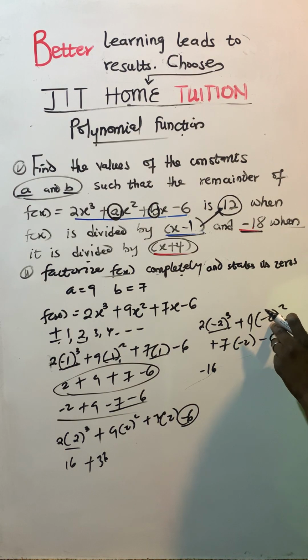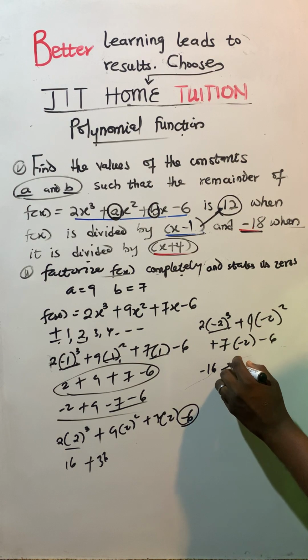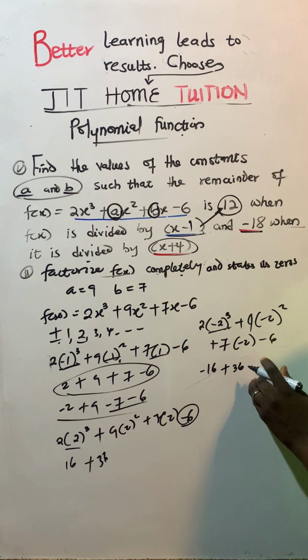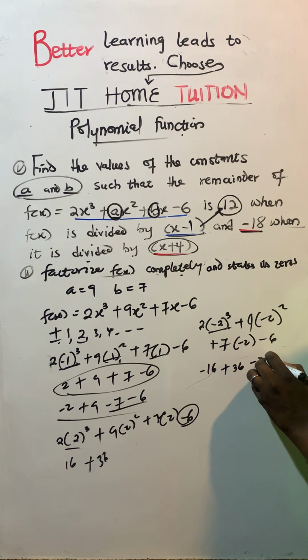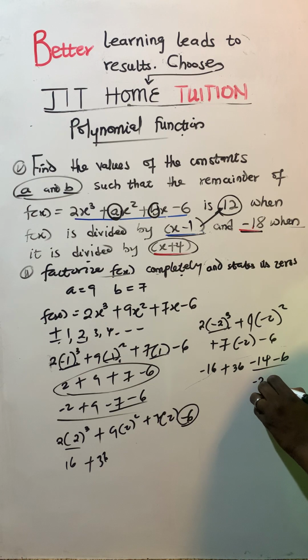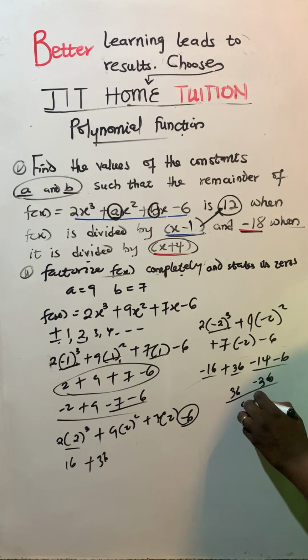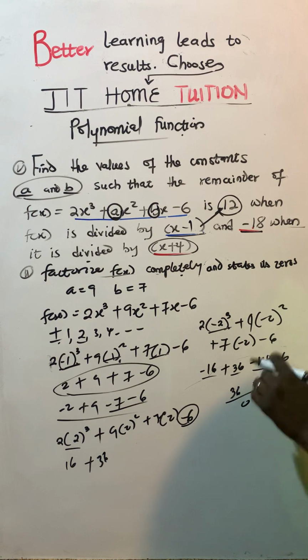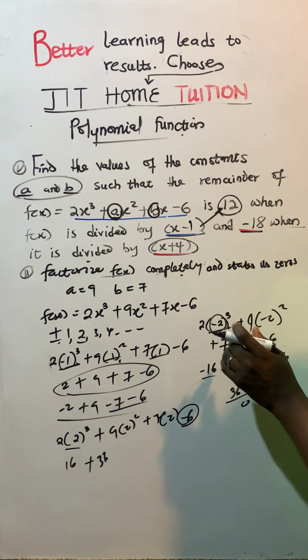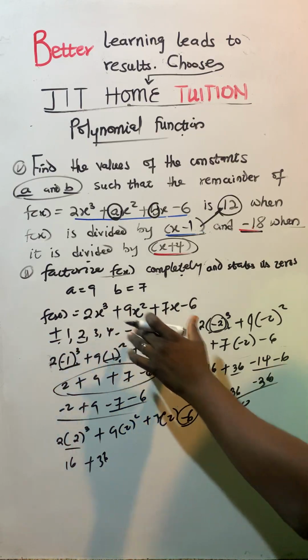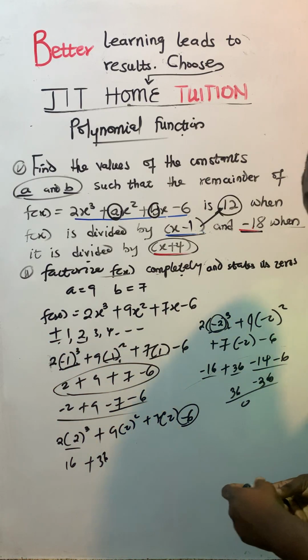And this one will be positive times this, so you have plus 36, and this will be -14, -6. So this will become -20, plus this one, so we have -36 and this positive 36. When you deduct, it will give you 0, meaning that it is -2 that will make the function equal to 0.